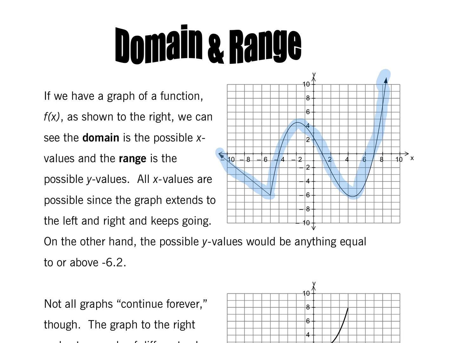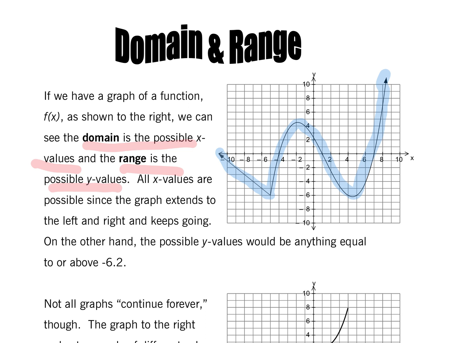So here's the deal. The domain are the possible x values. They're all the possible x values. While the range is the possible y values.